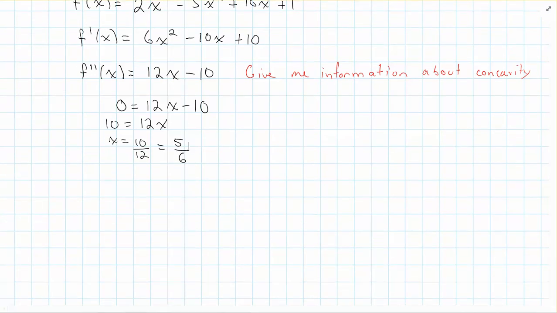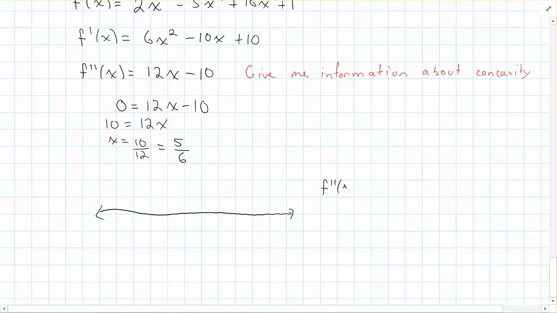Now, we're going to do the same thing as we did before here. I'm going to draw a number line, but I'm going to just put off to the side here that I'm looking at the second derivative. So when you do these sign diagrams, you have to determine whether you are dealing with the first derivative or the second derivative.